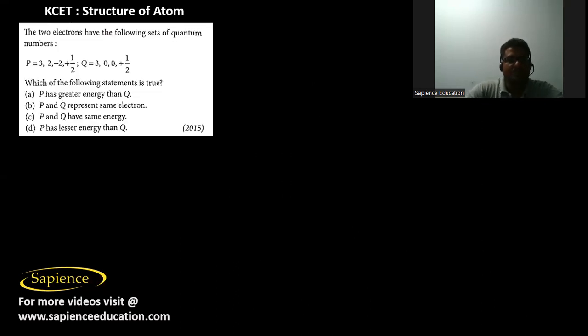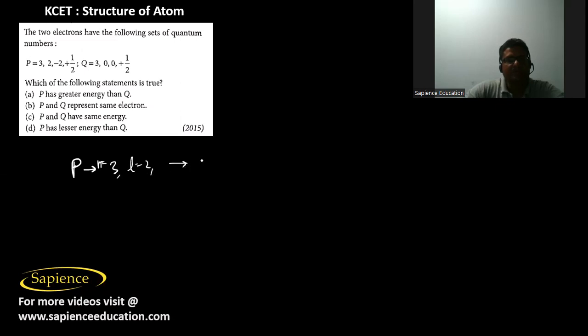Then here it is told that two electrons have the following sets of quantum numbers. For P, n is equal to 3 and L is equal to 2.